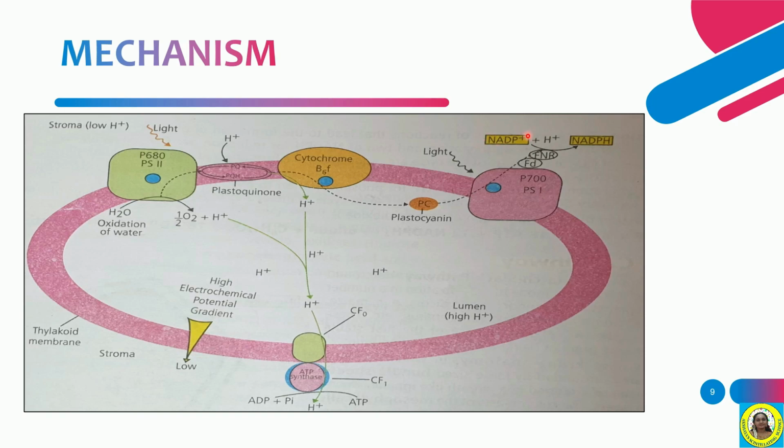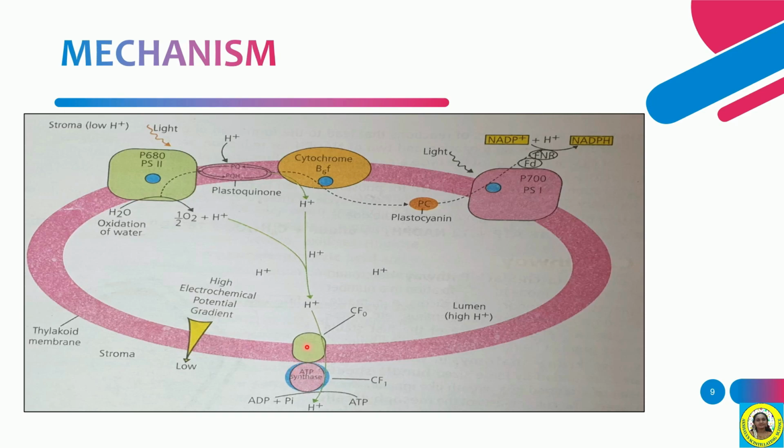Here, as we can see, the lumen has a higher concentration of H+ ions than the stroma. Thereby, naturally, H+ ions move from the lumen to the stroma, and their path is guarded by the CF0 and CF1 particles. This is the tail piece and this is the head piece.